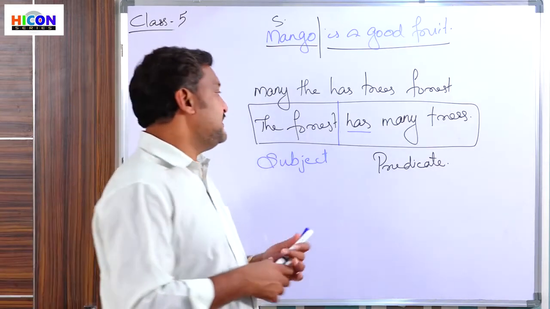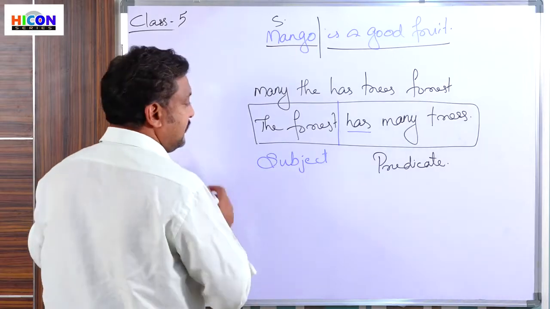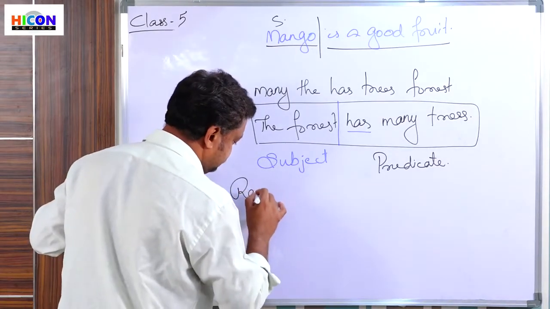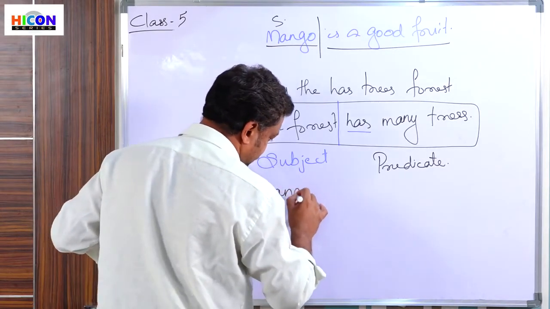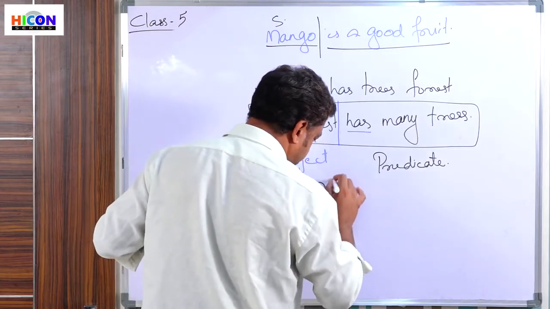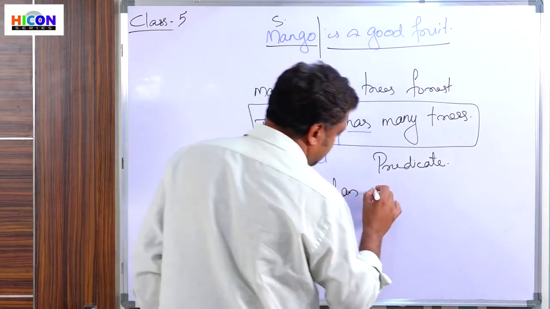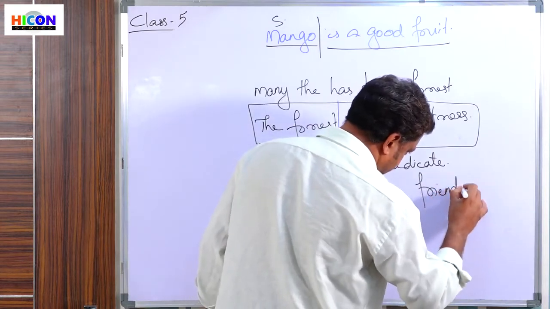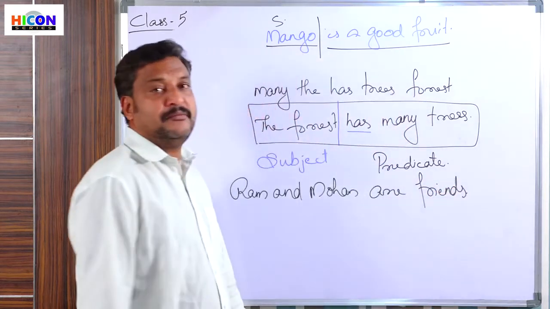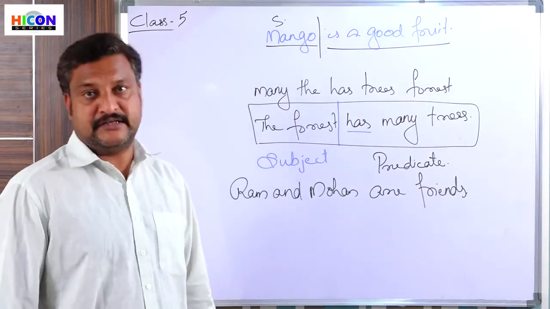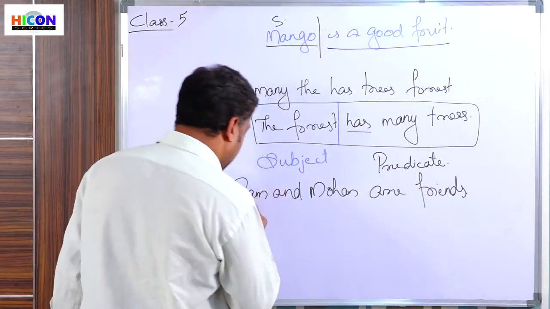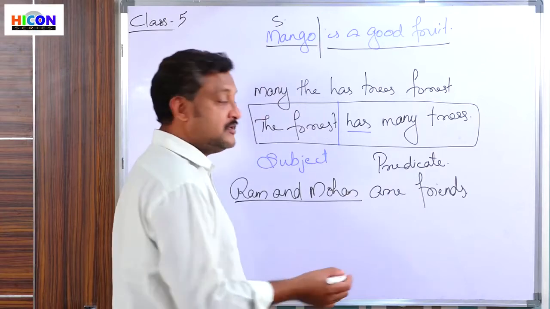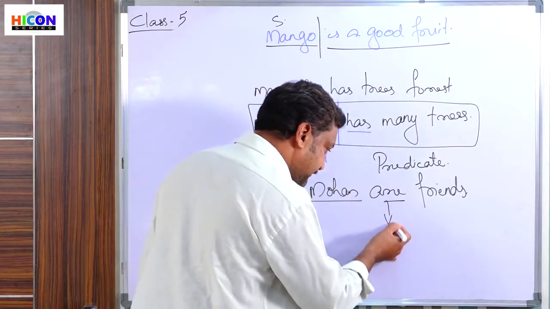Got it? If I say Ram and Mohan are friends, then Ram and Mohan is the subject because are is the verb here.